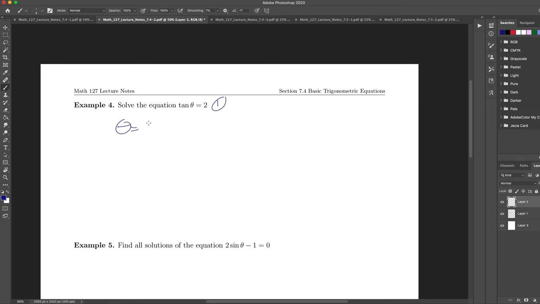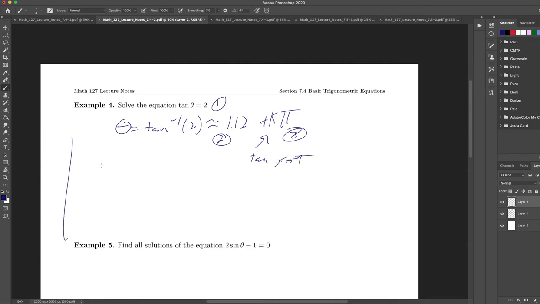The inverse tangent of 2 gives you about 1.12, and then I only need to add k pi. That's all I need to add for this. All the solutions would be found if I add the k pi. And this is for tangent and cotangent, because that's what the period is.